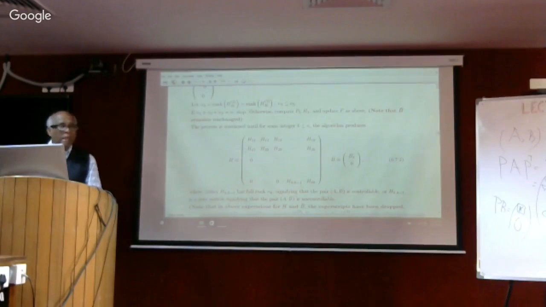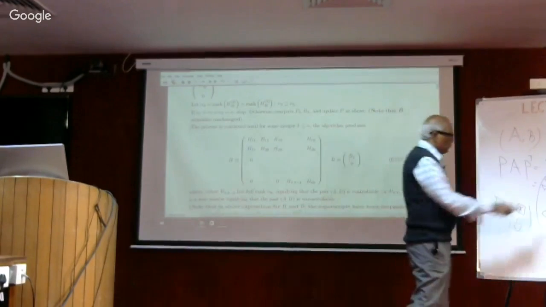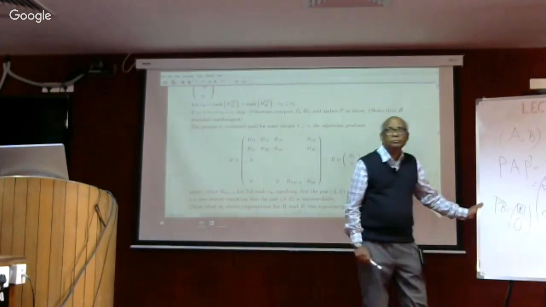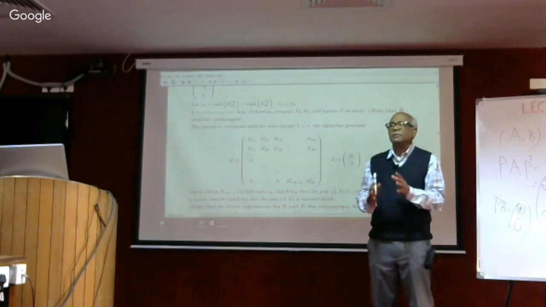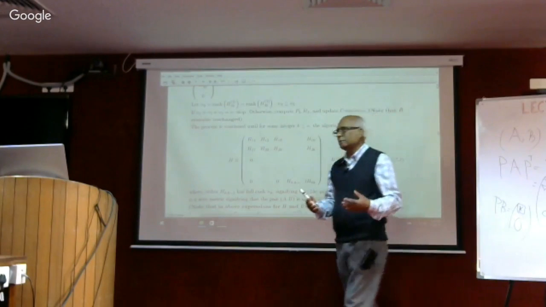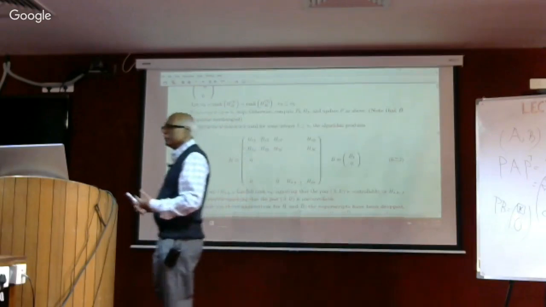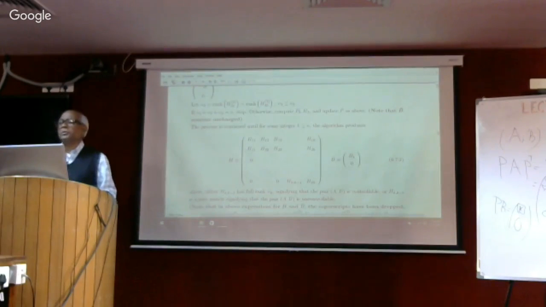The transformation from A to H and B to B prime is an orthogonal transformation, so it's numerically stable. And this is how, in a computational setting, we determine whether a system is controllable or not.